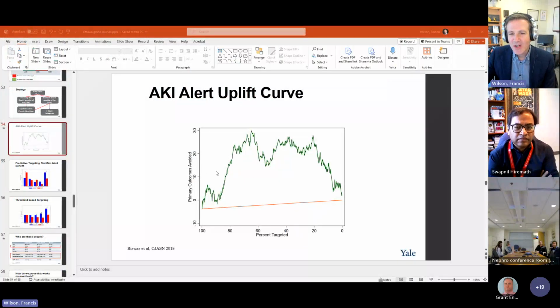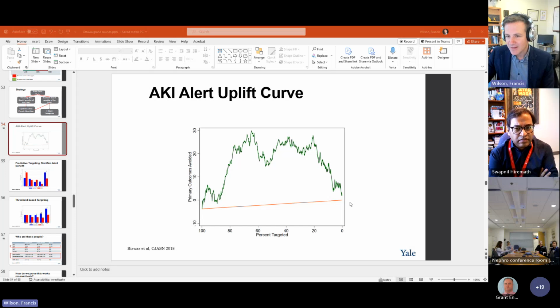So this is a curve of the primary outcomes avoided based on targeting ever more narrowly the population that the uplift score defines. The orange line, the curve is bounded by, if we target everyone in the population, then the number of lives we save or primary outcomes averted is whatever the trial says. In this case, for the alerts, there were slightly more progression of AKI in the alert group, so we're negative here.